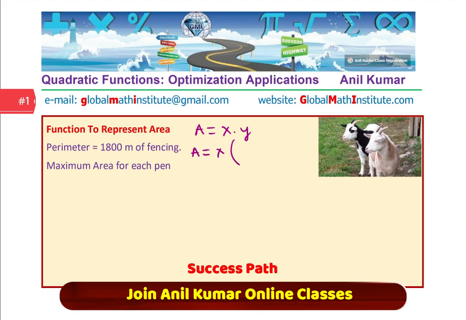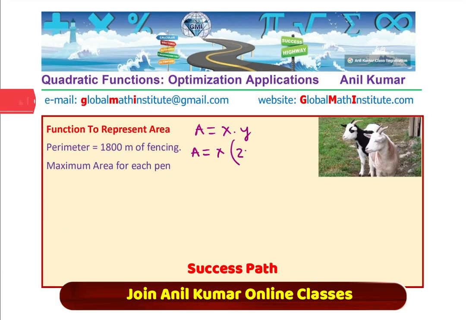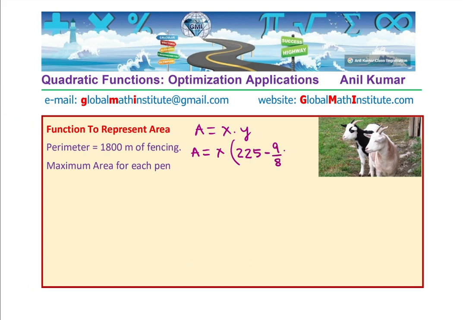What was it? It was 225 minus 9 over 8x, right? So we have a function in x now, which can be written as 225x minus 9 over 8x squared. Makes sense?